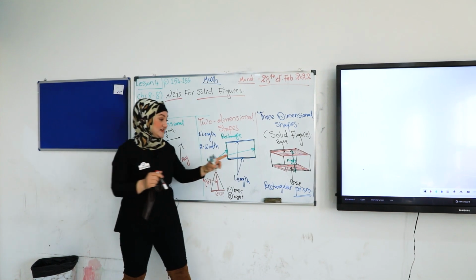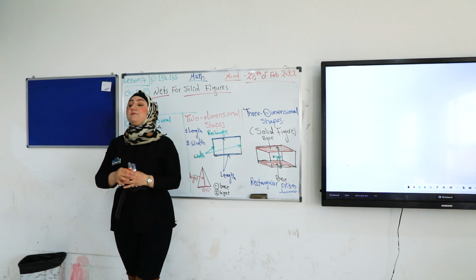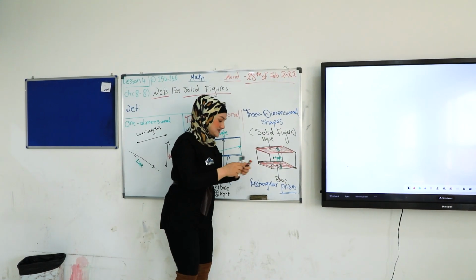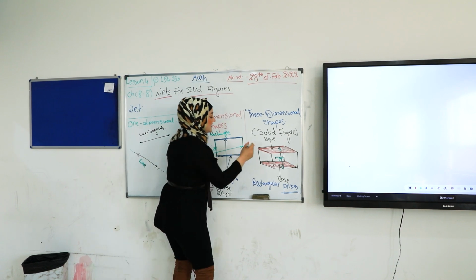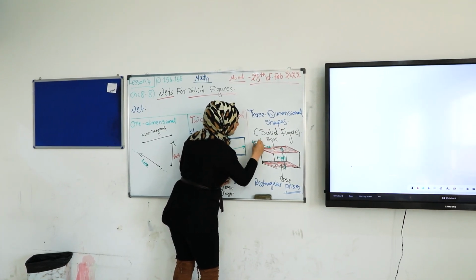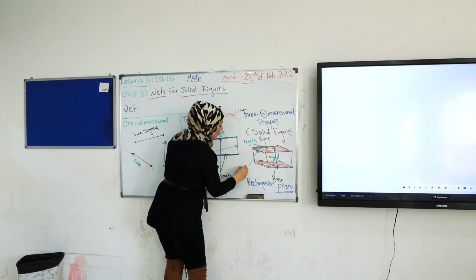Did you now understand about the height? The height from the very top to the very bottom, between two bases, we call height. So this is the first dimension. The second dimension here is length. The third dimension here, we call it width.